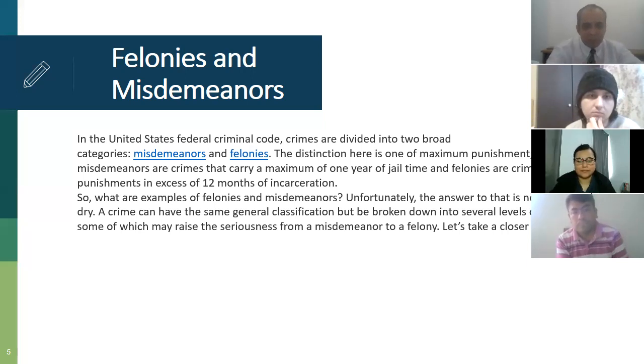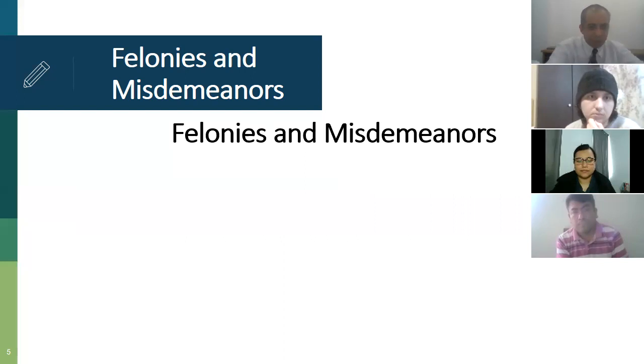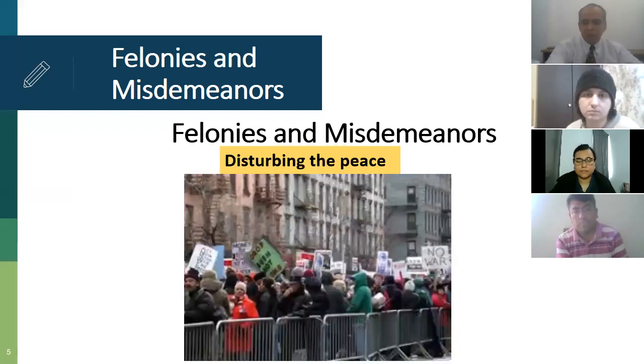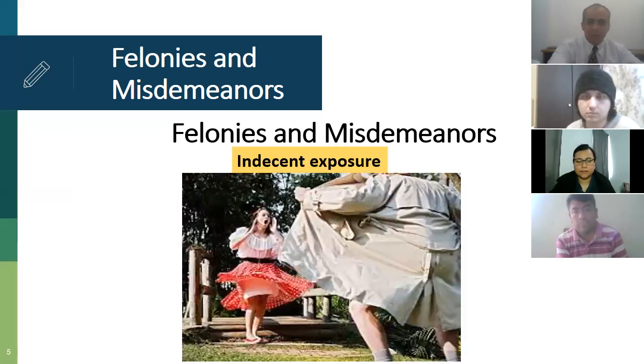Like I said before, it's not easy. We need to understand the division of them. For example, assault, okay, probably we think on yourself, is it a felony or a misdemeanor? Or what about disturbing the peace or indecent exposure?